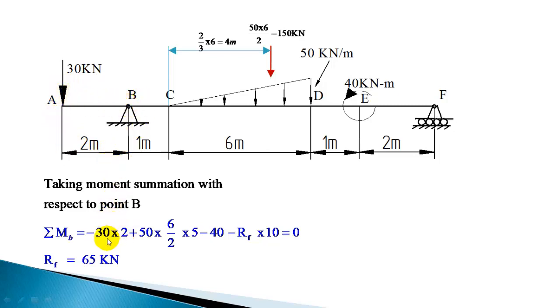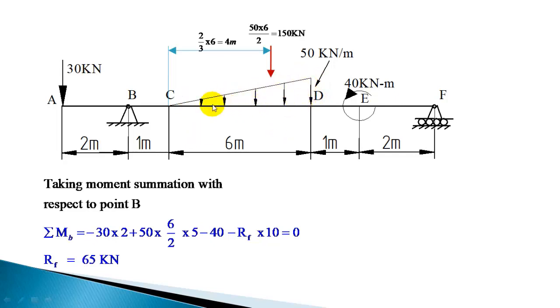So minus 30 into 2, and the UVL you have to replace by a point load. The resultant load due to UVL you can calculate as the area of the triangle. So 50 into 6 by 2: 50 is the intensity multiplied by span divided by 2.